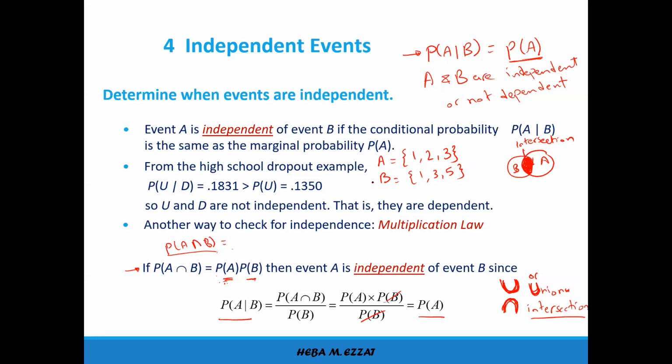So what is the intersection between A and B? One or three. Excellent. 1 and 3.